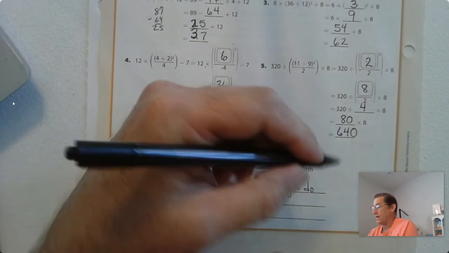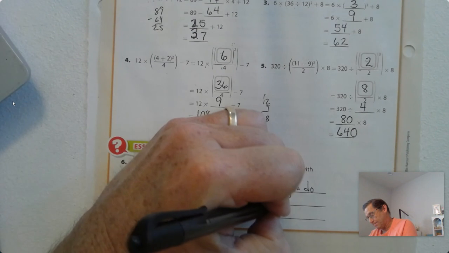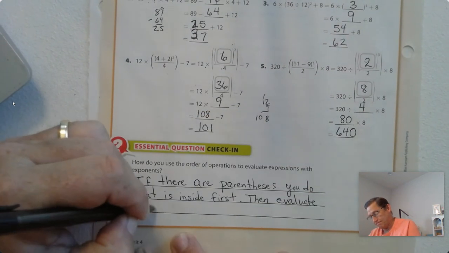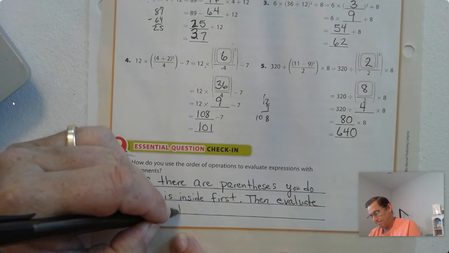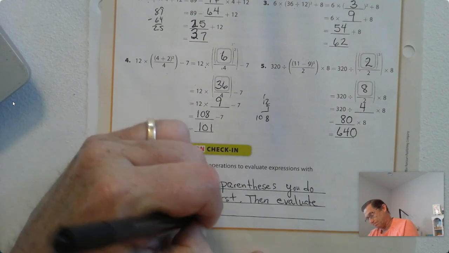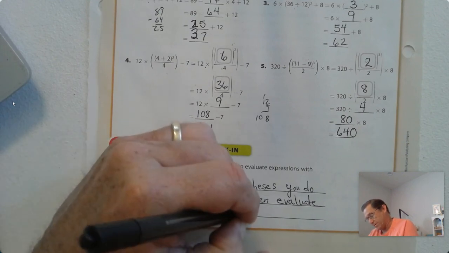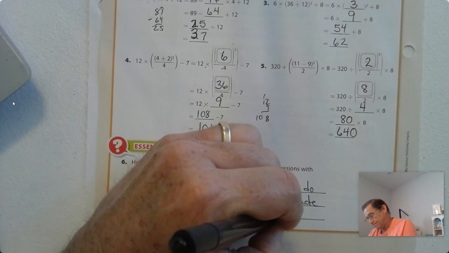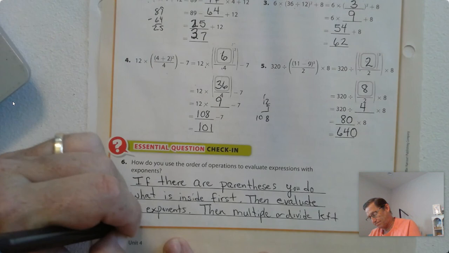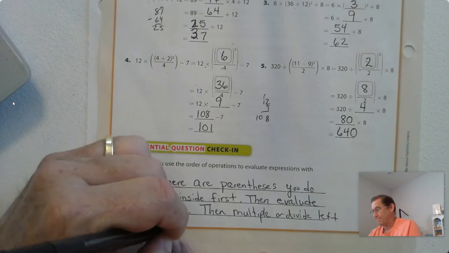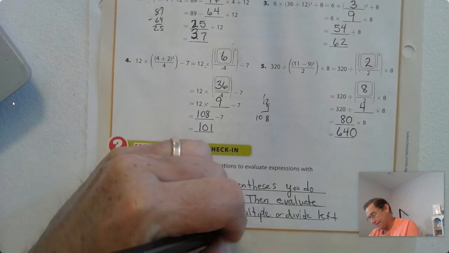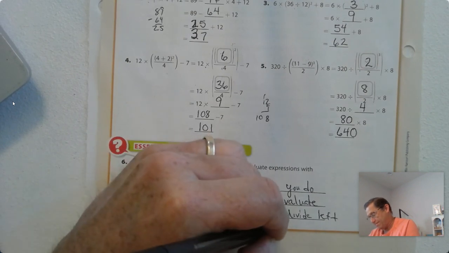Then we're going to evaluate the exponents. Then we're going to multiply or divide, left to right. And then add or subtract, left to right.